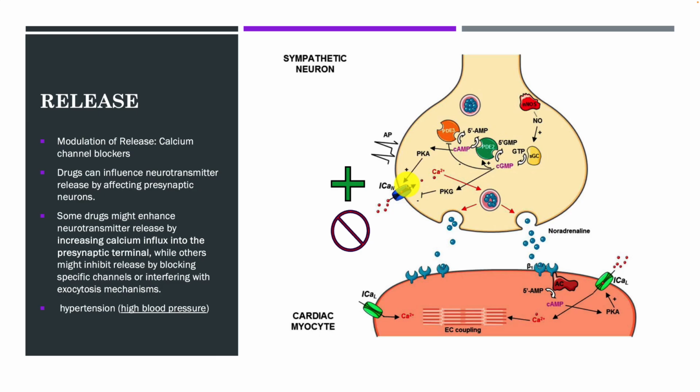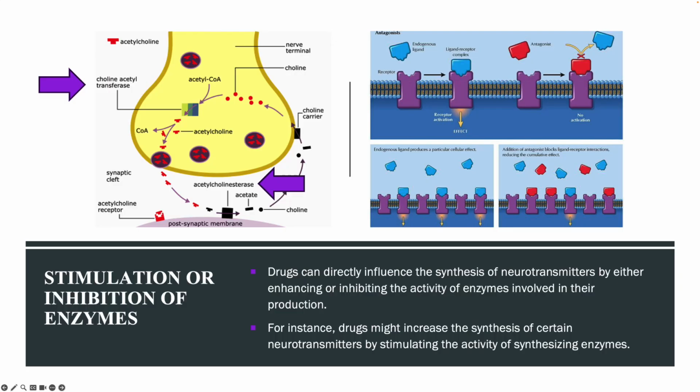There's also medications that can impact the release of vesicles, right? So we're kind of looking at a whole bunch of different things here. And if I go back to this particular slide, we can target the enzymes that either help make a neurotransmitter, or we can target an enzyme that can help decrease the activation of a neurotransmitter, right?